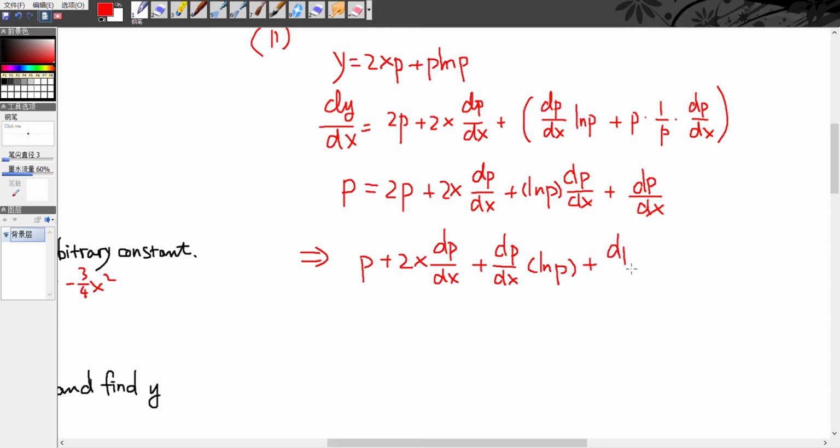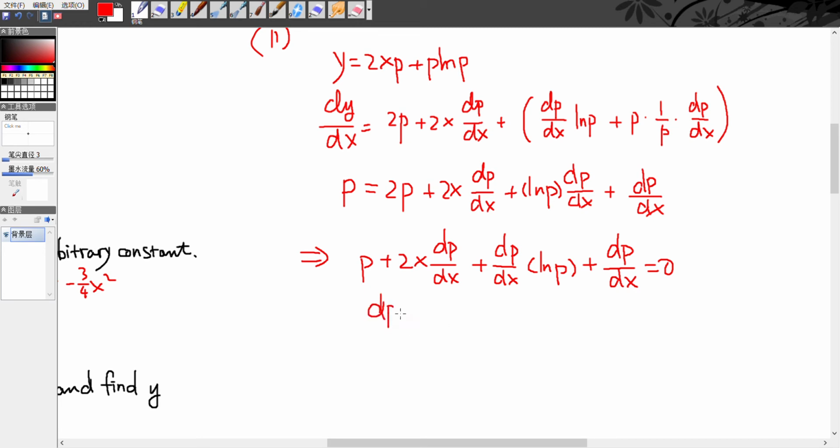So we will have p plus 2x dp by dx plus dp by dx ln p plus dp by dx is equal to 0, and we extract all dp by dx terms and arrange it like a first order differential equation.